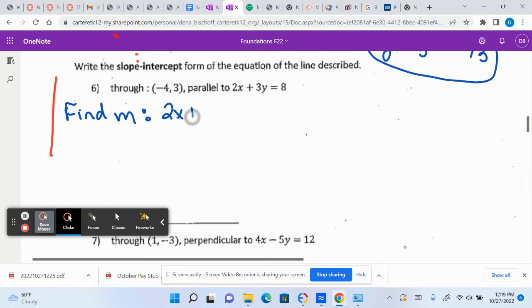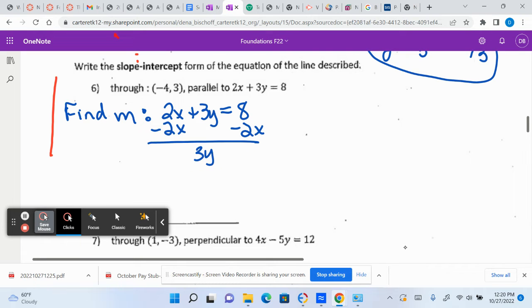So 2x plus 3y equals 8. How am I going to find m? Go ahead, Eric. Yep, subtract 2x from both sides.